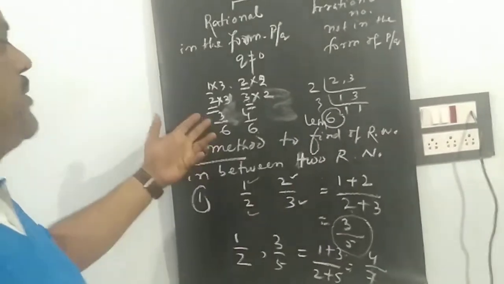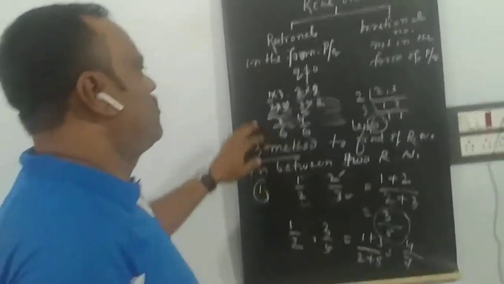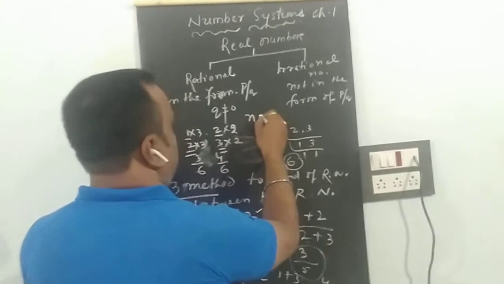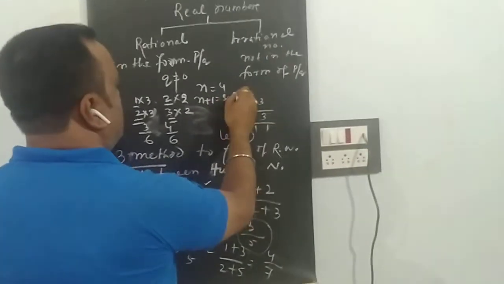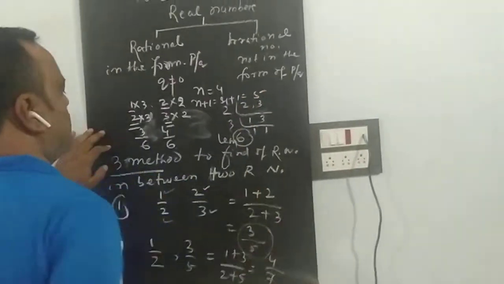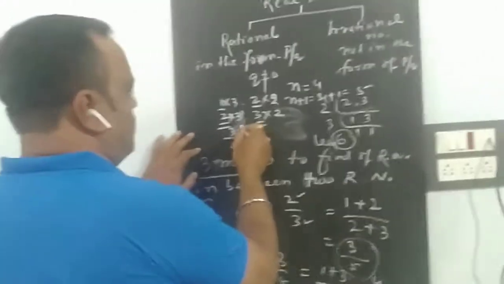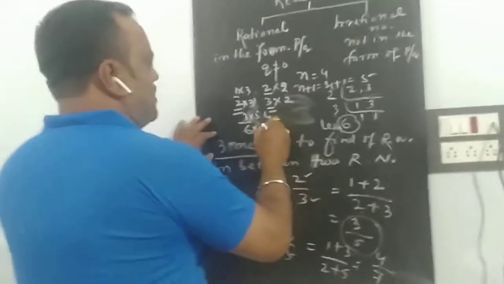Now suppose I am asking you to find 4 rational numbers between these two numbers. So n is 4, the number of rational numbers is 4. You have to take n plus 1, 4 plus 1, which means 5. You multiply 5 on both numerator and denominator in both cases.